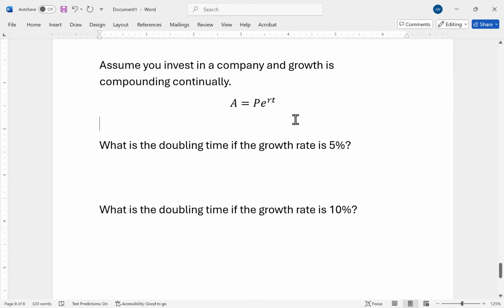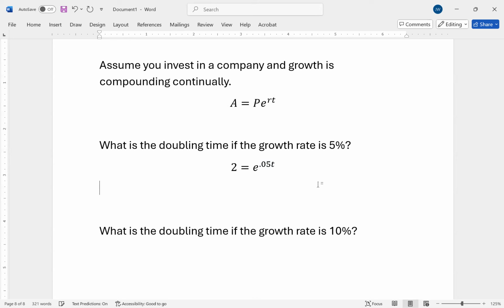All right, if the growth is compounding continually, then we're in the A equals P times e to the rt scenario. Doubling time, we've dealt with how long it takes to double before. Think of P being 1 and A being 2. So if we're calculating the doubling time, if the rate is 5%, we start with this equation, 2 equals e to the 0.05 times t power.